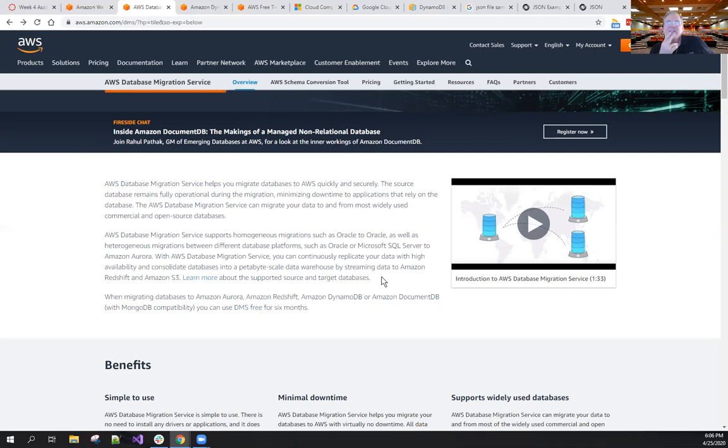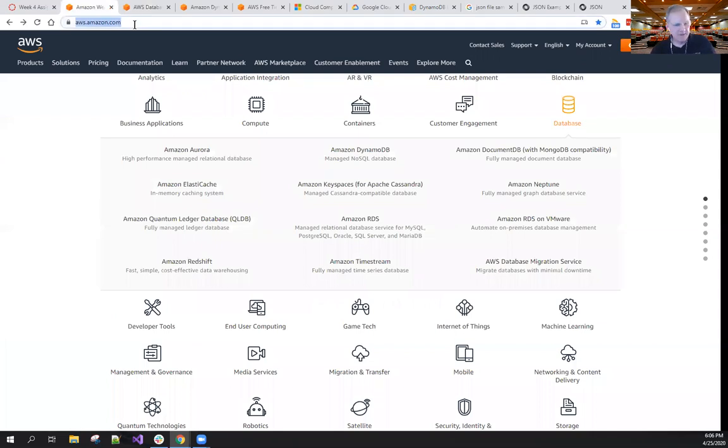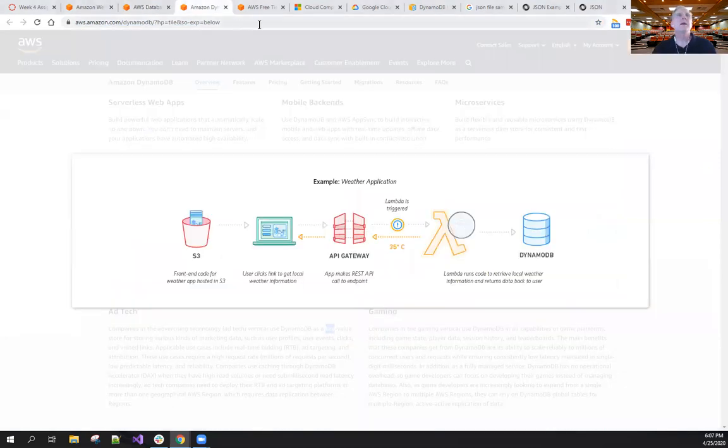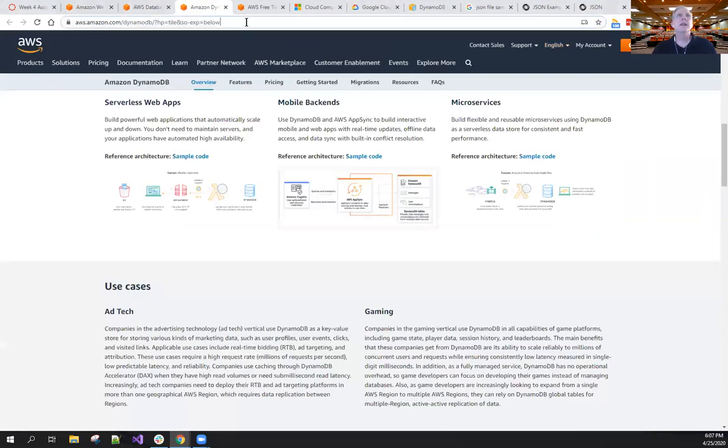I'll put some of these links in our chat so that you can just click on them: the database migration service, and then the DynamoDB architecture.